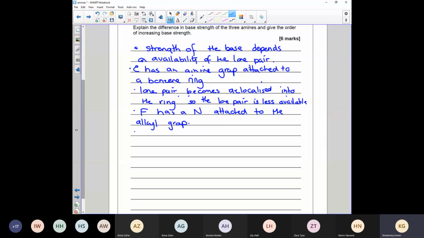That is where electrons are pushed towards the neighbouring atom. In this case, the electrons in the alkyl group are pushed towards that nitrogen. So we can put that in: alkyl chains have that positive inductive effect.